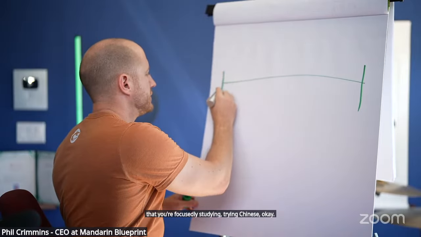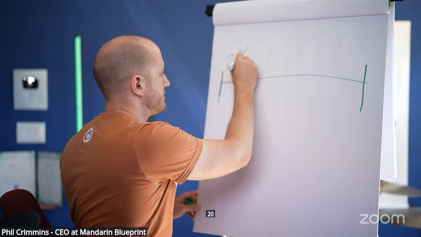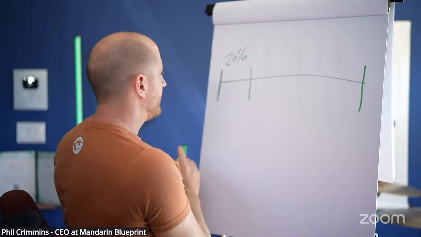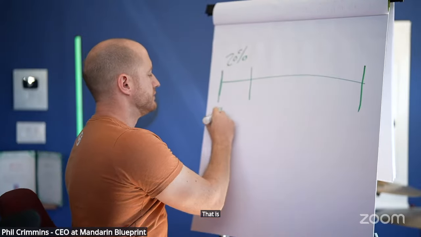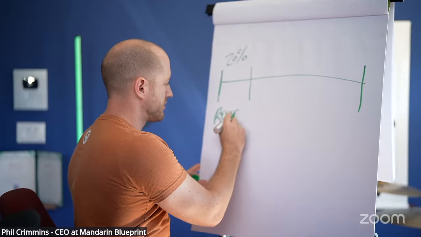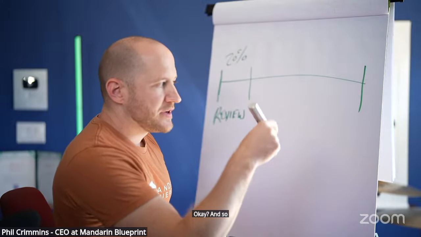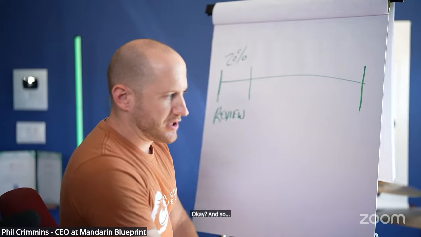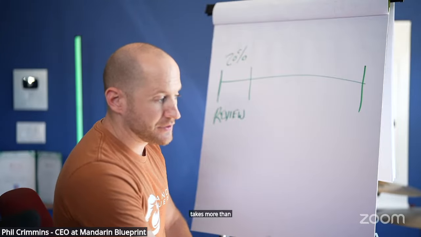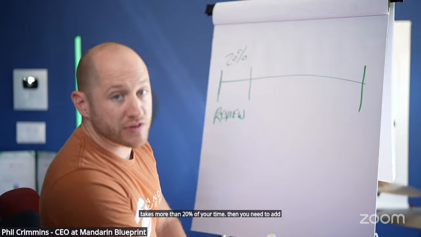So the first approximately 20% is review. And if reviewing your flashcards takes more than 20% of your time, then you need to add fewer new flashcards to your queue, right?